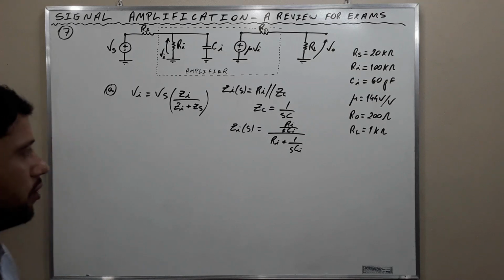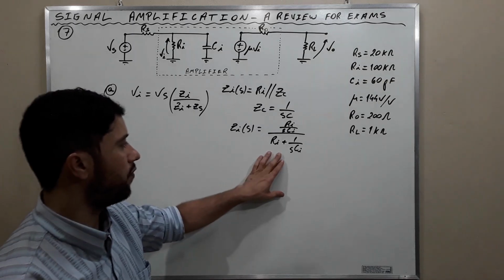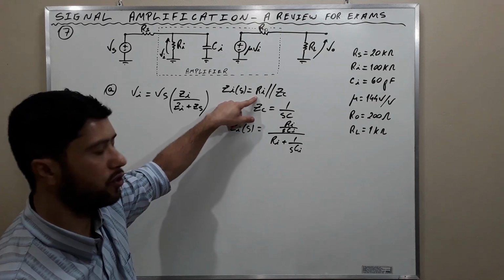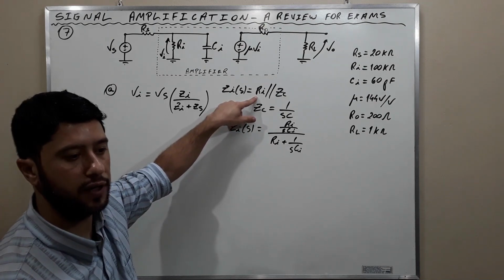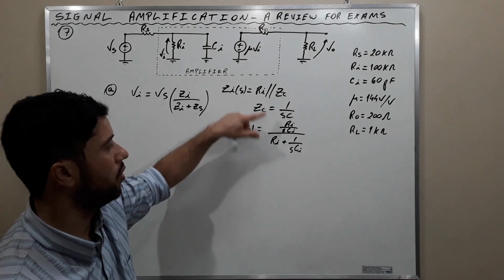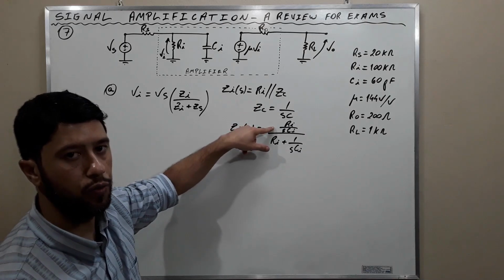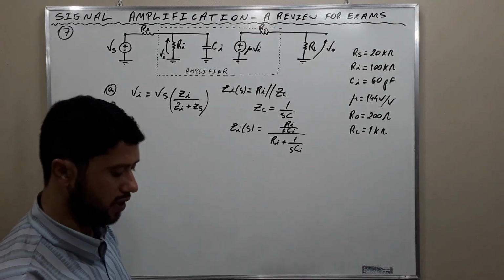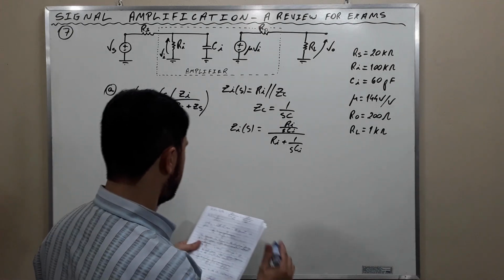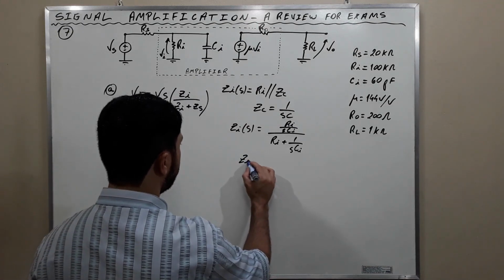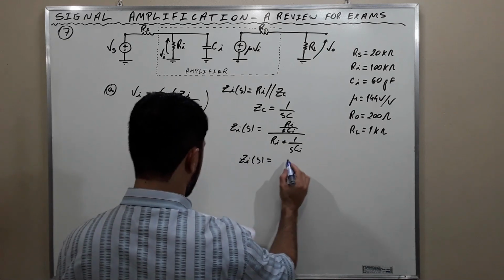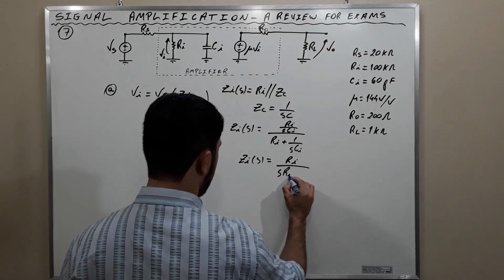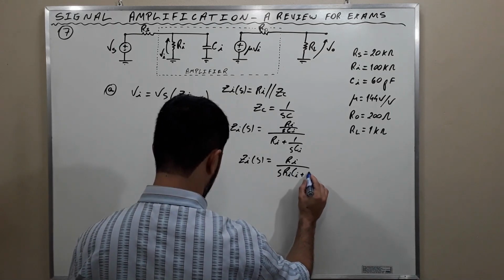It is the product divided by the sum, okay? When there are two impedances connected in parallel like this, in the numerator it is the product, in the denominator the sum. And we find that Zi of S is equal to Ri over S Ri Ci plus 1.